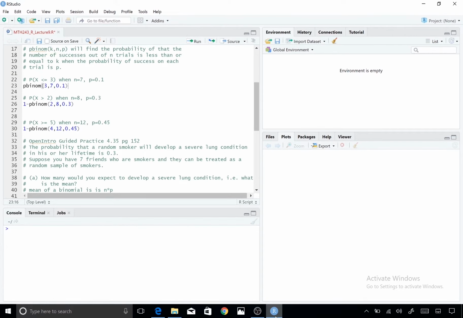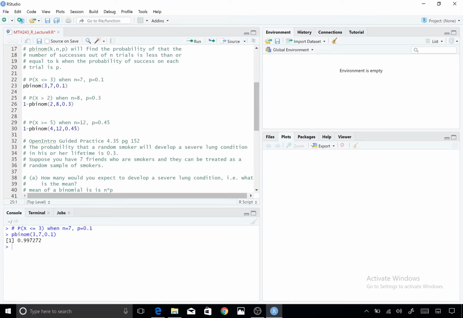pbinom finds the probability that the random variable is less than or equal to k. With 7 trials and p equals 0.1, the probability of no more than 3 successes is 0.9973.